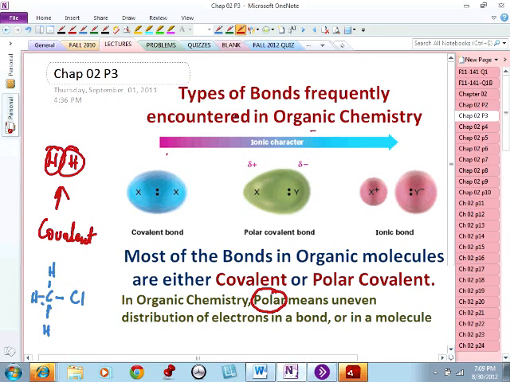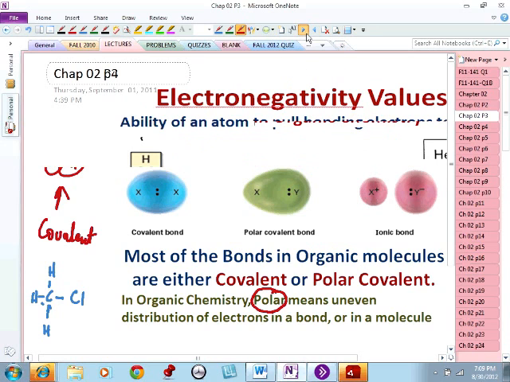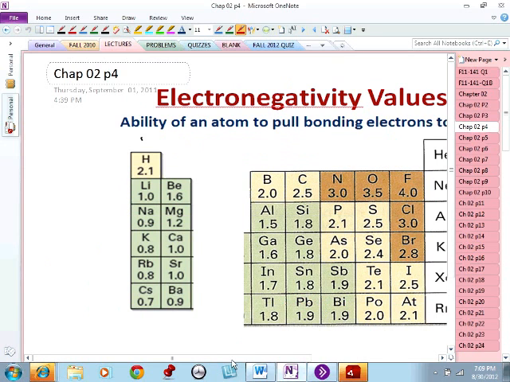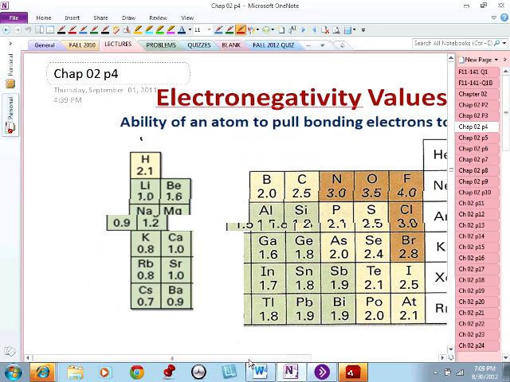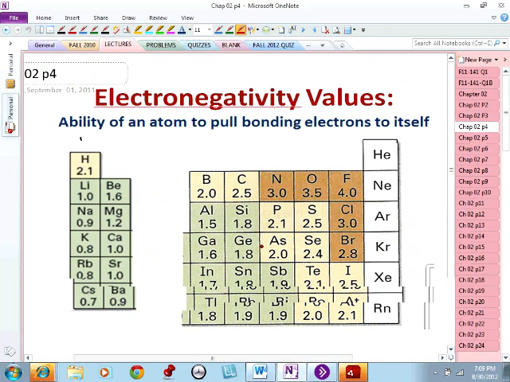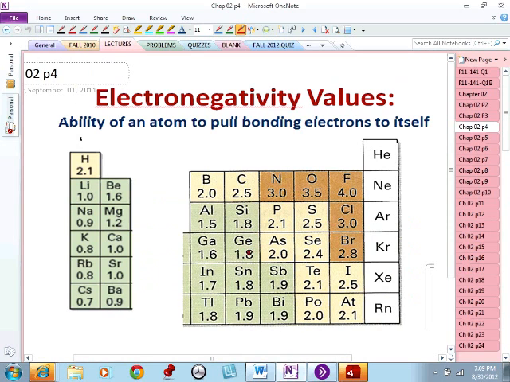But how will you know that? Very simple. To know that, you simply have to know this table of electronegativity. Nobody expects you to memorize this table. Whenever you need it, this will be made available to you.